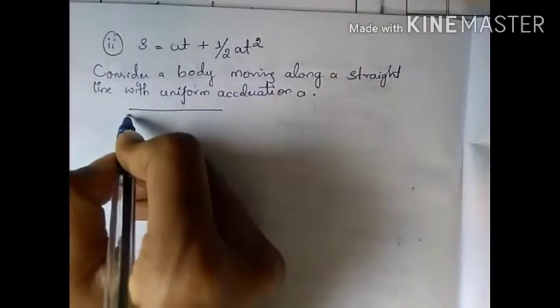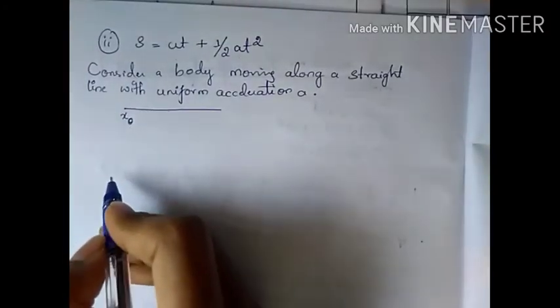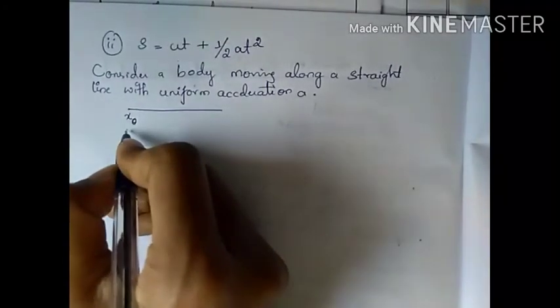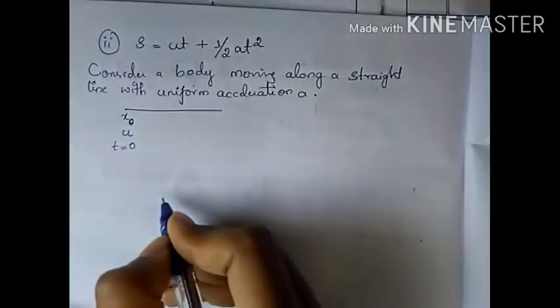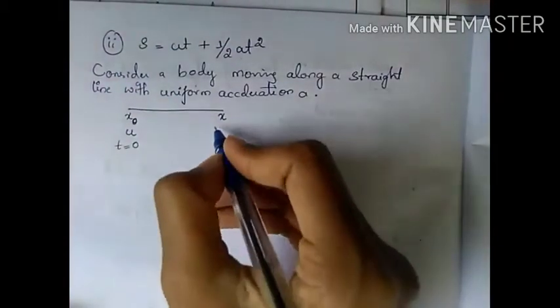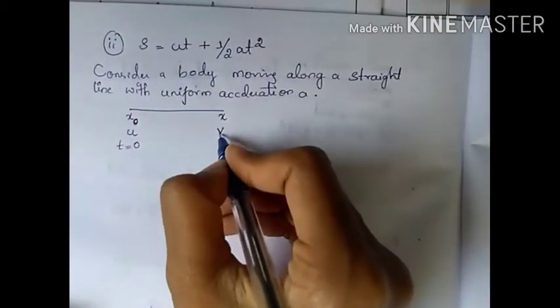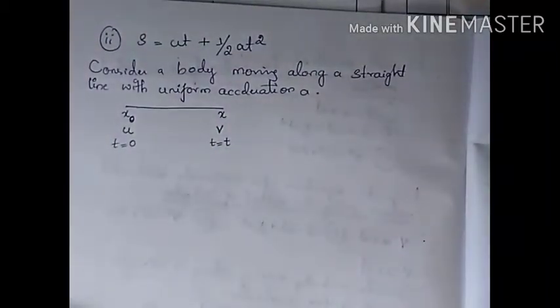The initial displacement of the body will be x0, with initial velocity u at time t equals 0, and the final position of the body is x with final velocity v at time t equals t. So these are the things that you have to know.